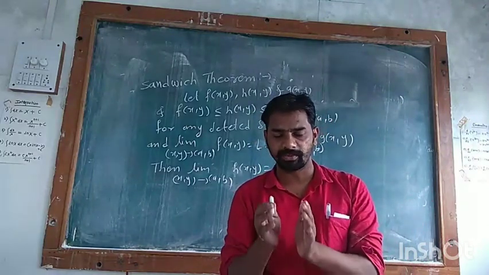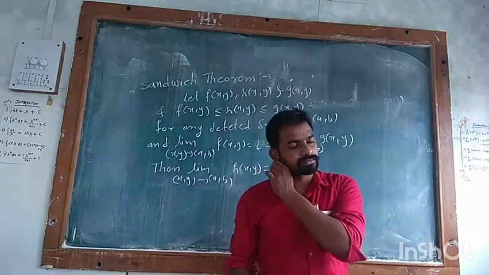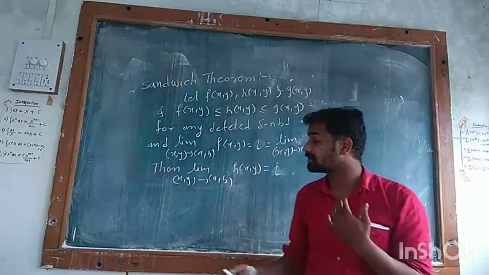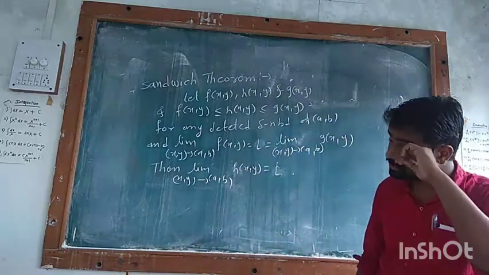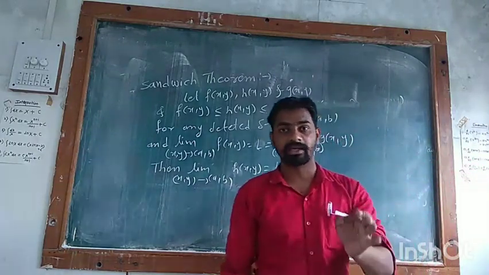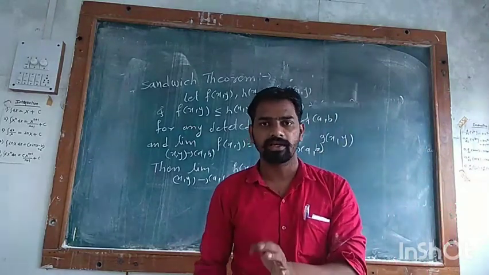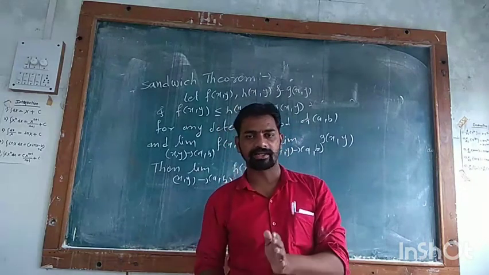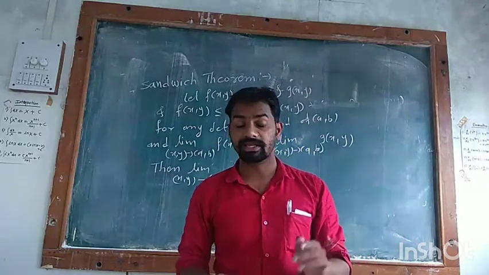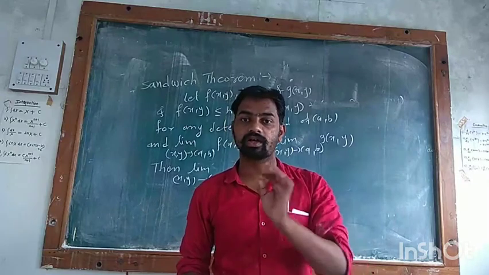That is, h of xy is in the middle of f of xy and g of xy for some deleted neighborhood of AB, and limit as xy tends to AB of f of xy and of g of xy is equal to L. That is, the lower limit is also L and the upper limit is also L. So we get limit as xy tends to AB of h of xy is also L.